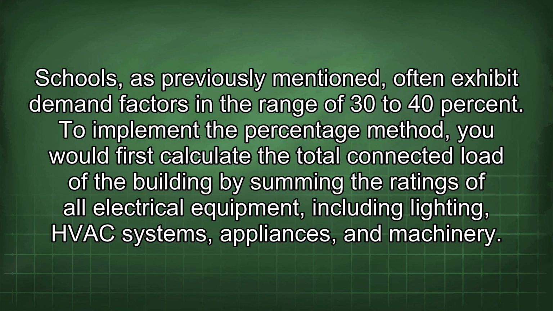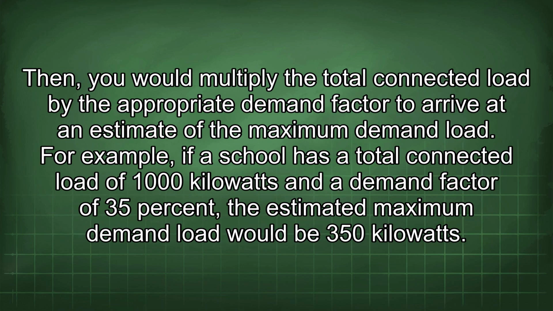To implement the percentage method, you would first calculate the total connected load of the building by summing the ratings of all electrical equipment, including lighting, HVAC systems, appliances, and machinery. Then, you would multiply the total connected load by the appropriate demand factor to arrive at an estimate of the maximum demand load. For example, if a school has a total connected load of 1000 kilowatts and a demand factor of 35%, the estimated maximum demand load would be 350 kilowatts.